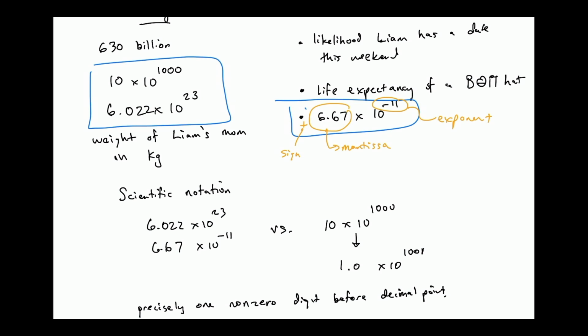All right, their exponents are different, right? Negative 23, or sorry, negative 11 versus 23. Not a huge difference between those. But then also, what's different about 6.022 versus 6.67? Yeah, there's four digits in one and only three in the other.